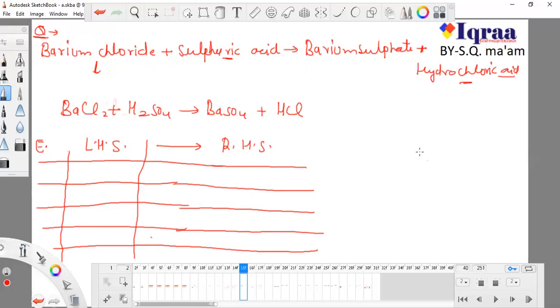We have barium, chlorine, hydrogen, sulfur, and finally oxygen. So let's check which is most abundant in atomic quantity. Barium is 1 and 1, that is 2. Chlorine is 2 and 1, that is 3. Hydrogen is 2 and 1, that is 3. Sulfur is 1 and 1, that is 2. And oxygen is 4 and 4, that is 8.